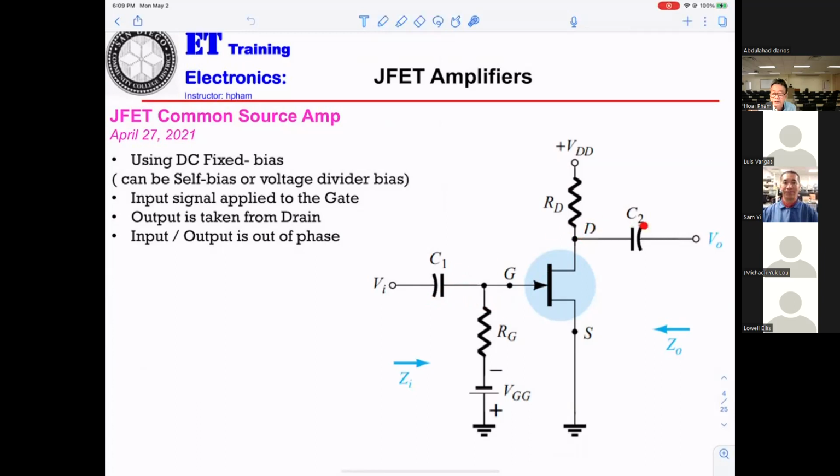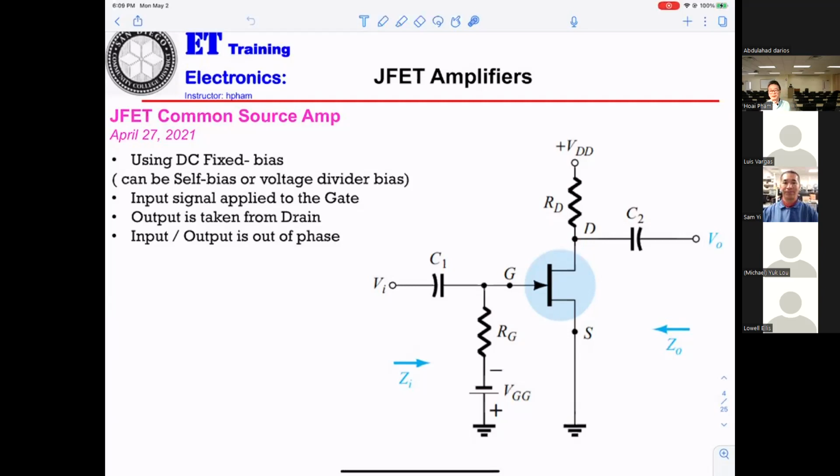So the output coming out, normally they can go to the speaker or another device, but they don't want any DC. They want your voice only, AC only. So that's why we have to get the C2 to block any DC from the drain.